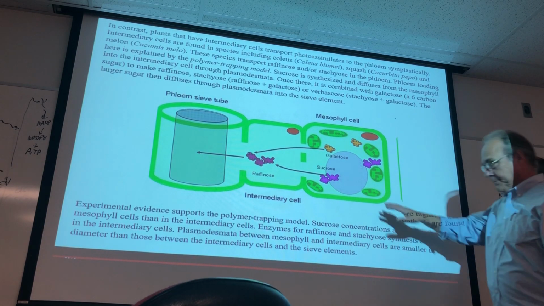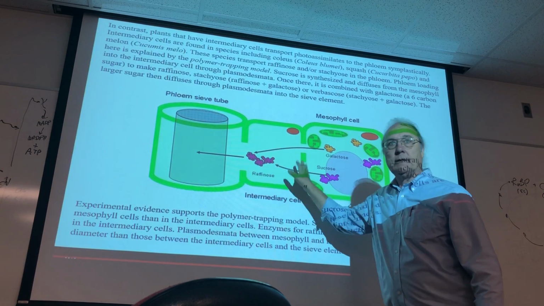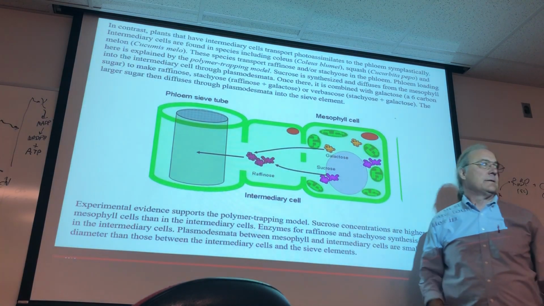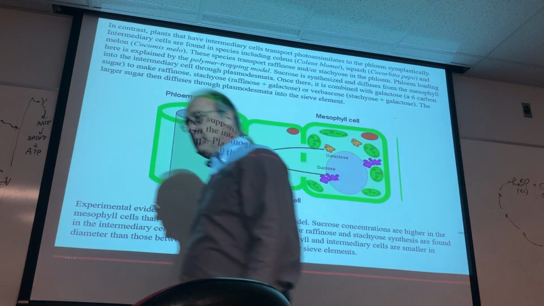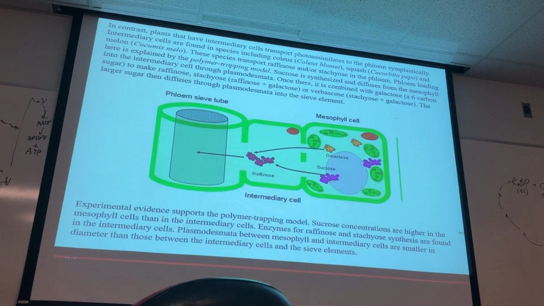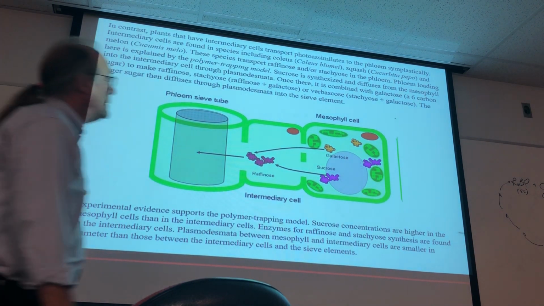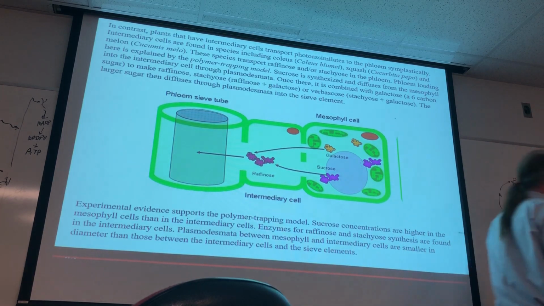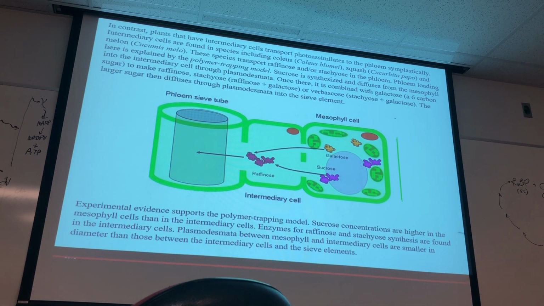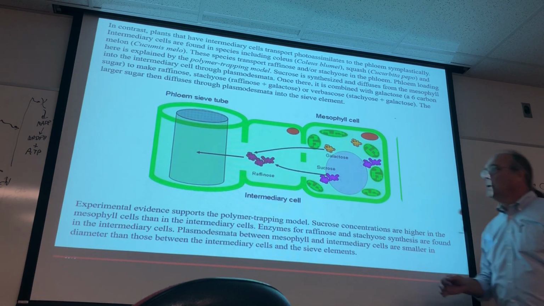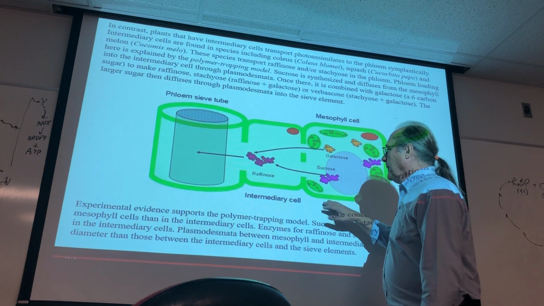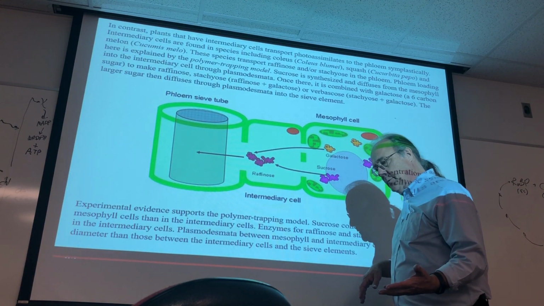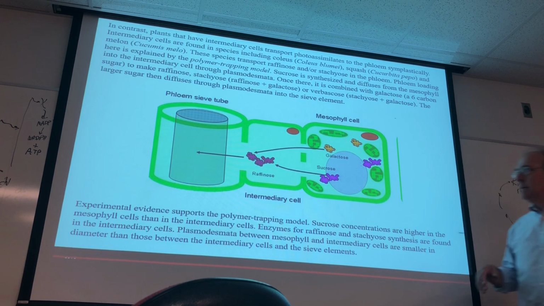So there is experimental evidence for this idea too, and it's not just somebody made it up late one night. Okay, so this is the polymer trapping model, totally symplastic movement versus the apoplastic movement that I talked about with ordinary companion cells and transfer cells.